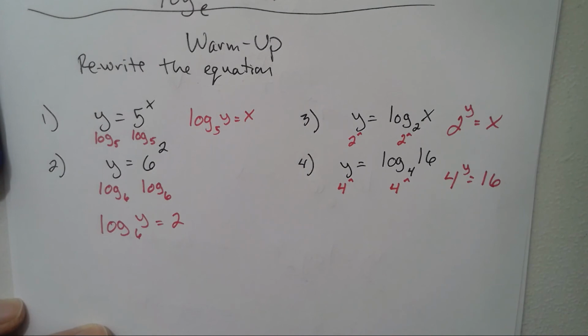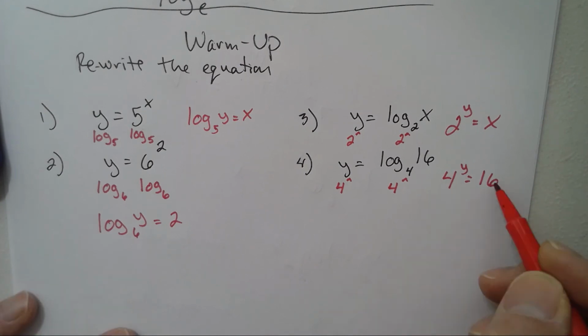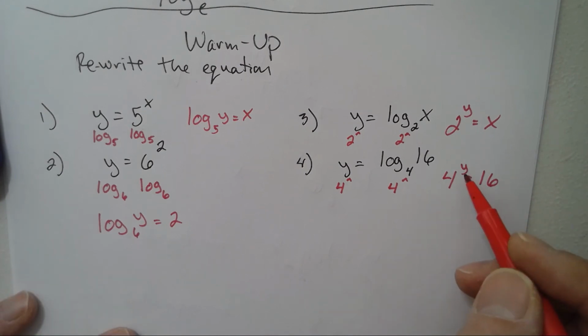It's not a difficult question. It's just seeing if you're paying attention a little bit. Nobody's feeling it? I understand. So 4 to the y equals 16, so y must be 2, because 4 squared is 16.